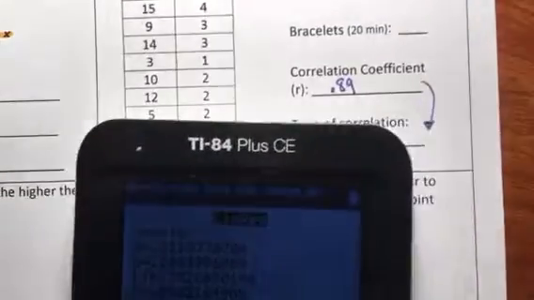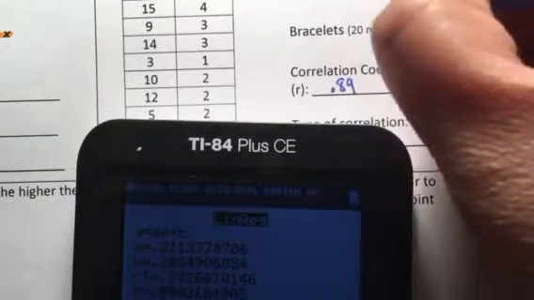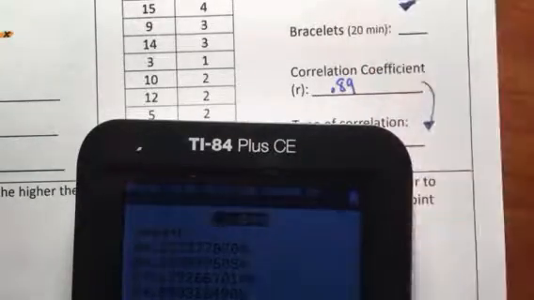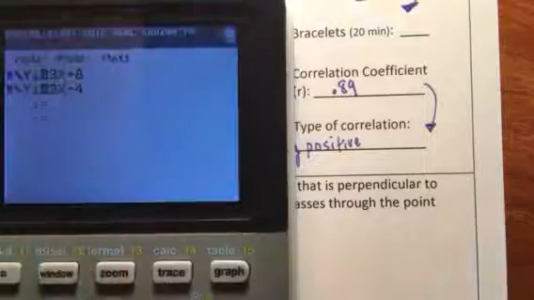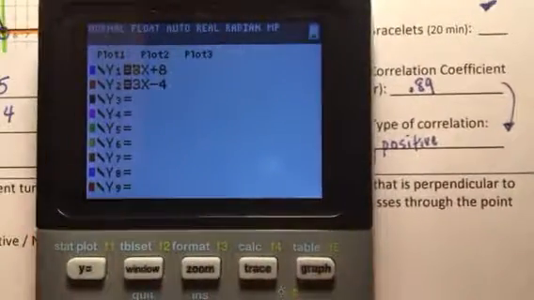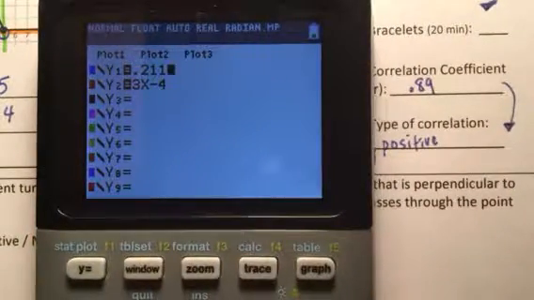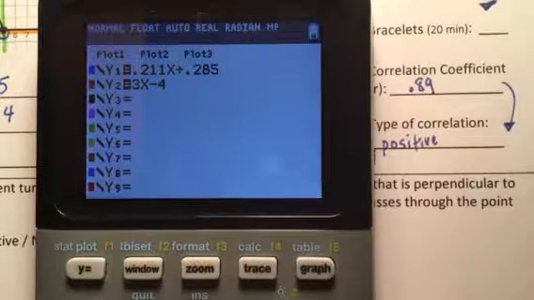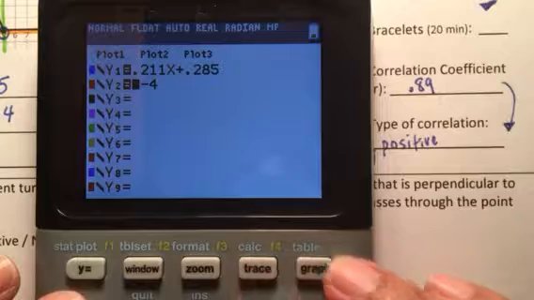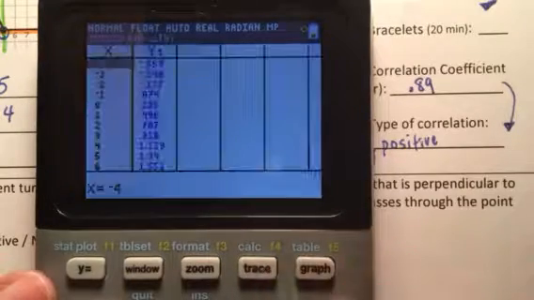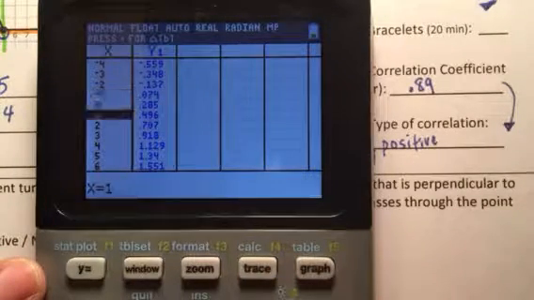Alright, so I'm going to use this equation to determine this right here. So I'm going to go to y equals. Now I'm going to type in 0.211x plus 0.285. And I'm going to go to second graph. And I'm going to go to 20.